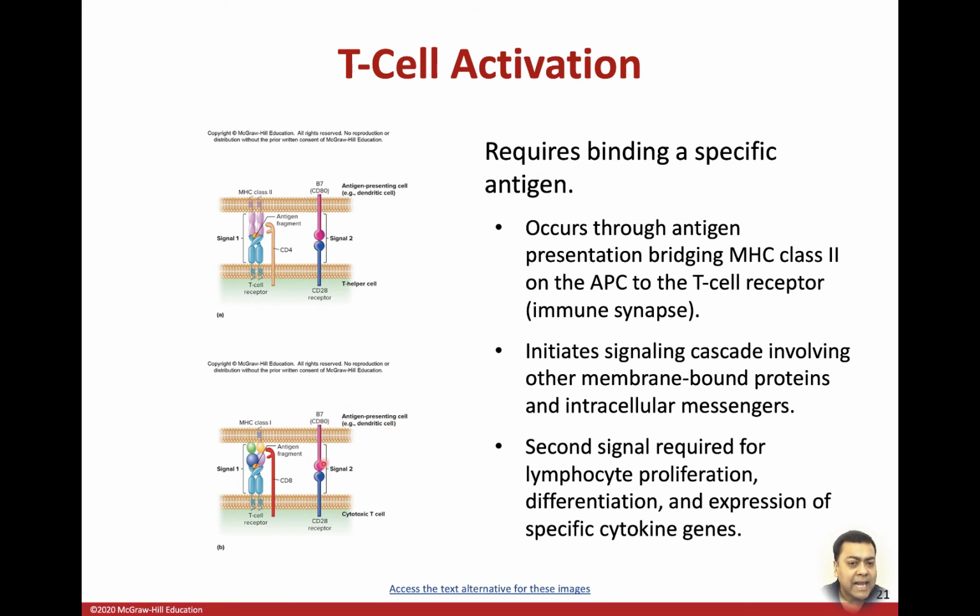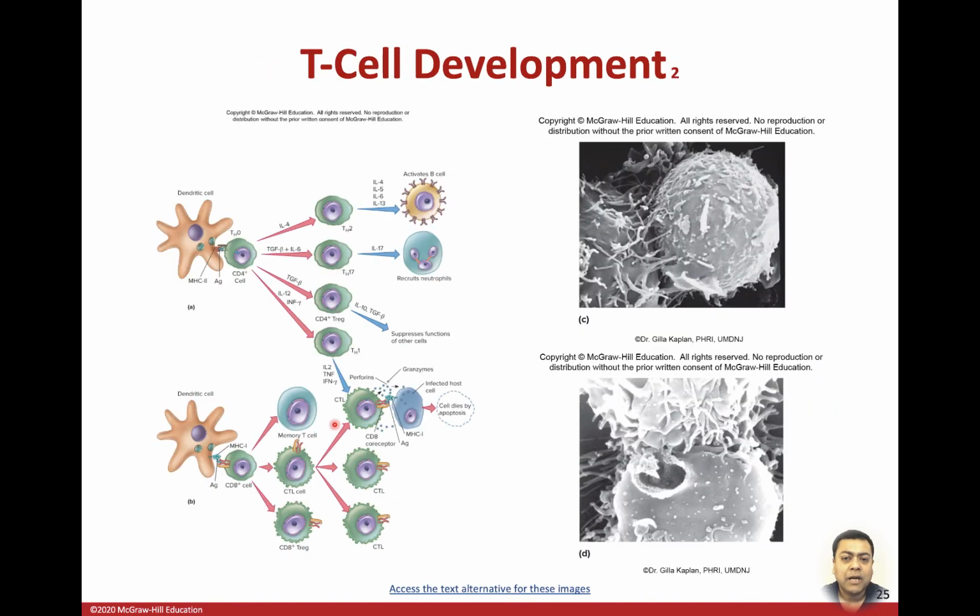Once it has the CD80 presented, the cytotoxic T cell understands that this is an antigen presenting cell. This is not a normal cell. So it is okay that MHC1 presents the antigen, because it is an antigen presenting cell. But the difference is that this CD80 or B7 is only present on the antigen presenting cells, not on other cells. Your other regular cells will not have the CD80 or B7. So what happens here?